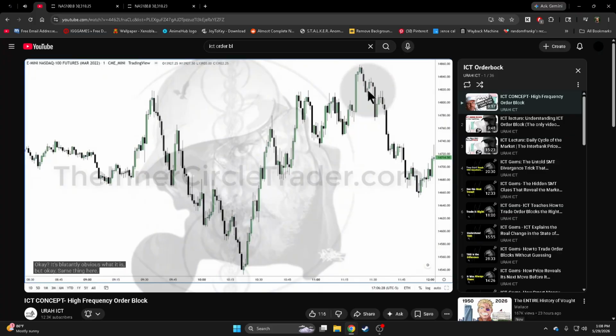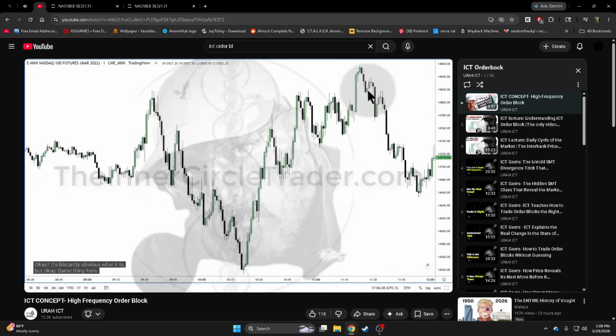What's the best way to say this? Order blocks form beyond previous swing points / liquidity. That's what I'm writing.